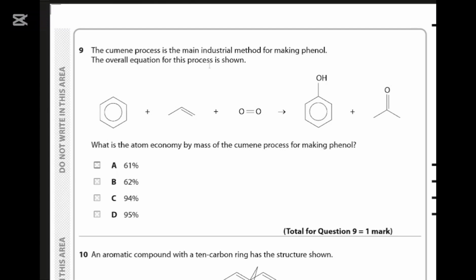The Cumene process is the main industrial method for making phenol. What is the atom economy by mass of the Cumene process for making phenol? We can find the atom economy.